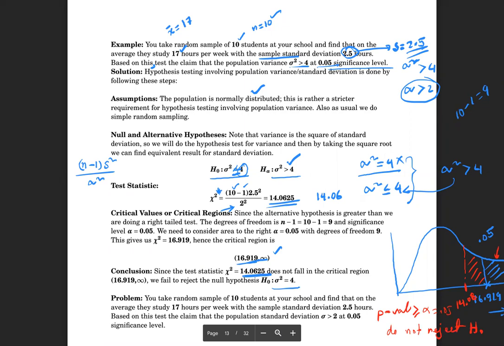In our case, it's sigma square is less than or equal to 4. And the conclusion, you can base it off of your critical region and test statistic, or you can base it off of your p-value, even though I don't talk about the p-value here.